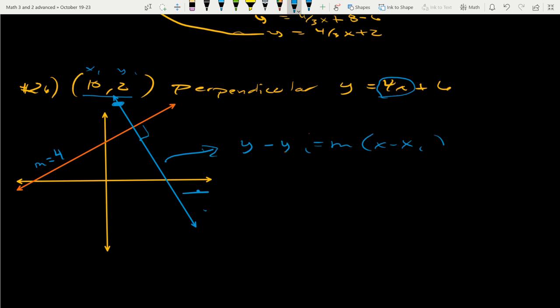So this slope here is the negative reciprocal. So what's the reciprocal of 4? It's 1/4. So my slope is negative 1/4.